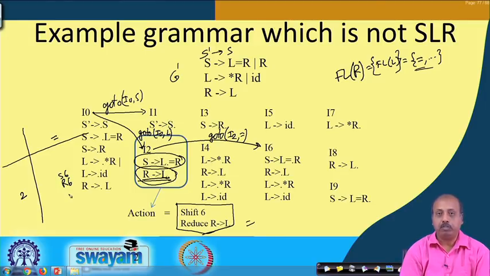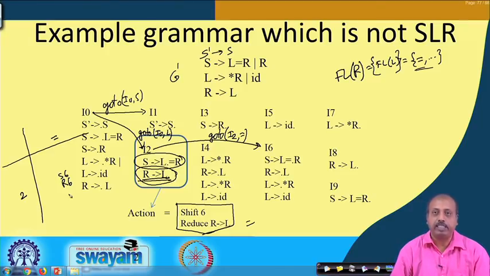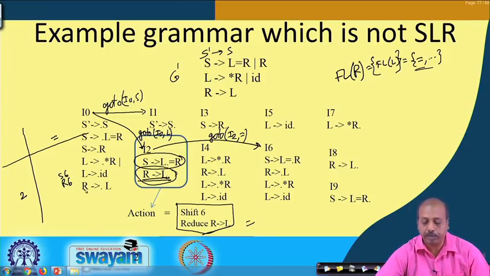That way I will have two actions. So this particular grammar that is given is not an SLR grammar, because it has got multiply defined entries for some of the entries. So, that has to be taken care of.